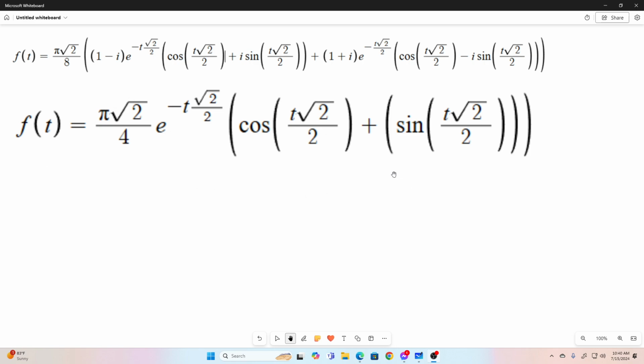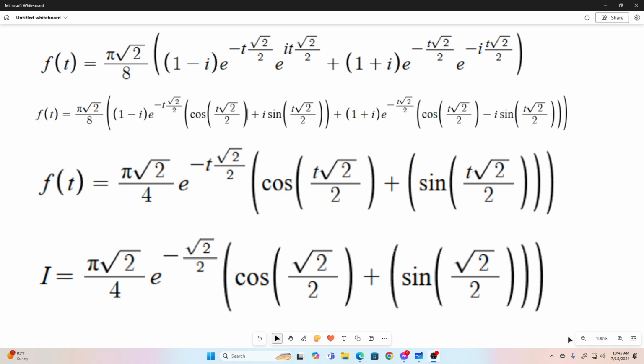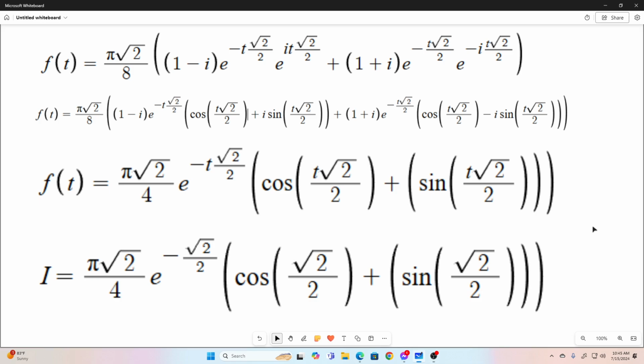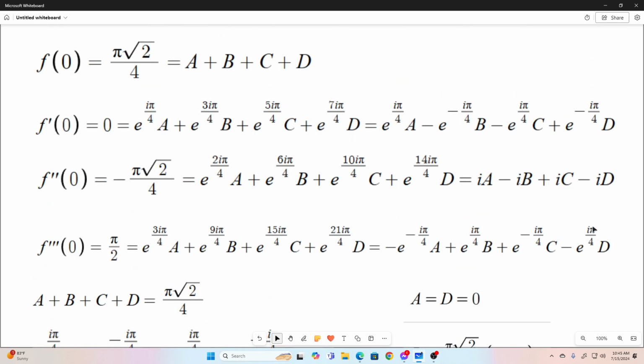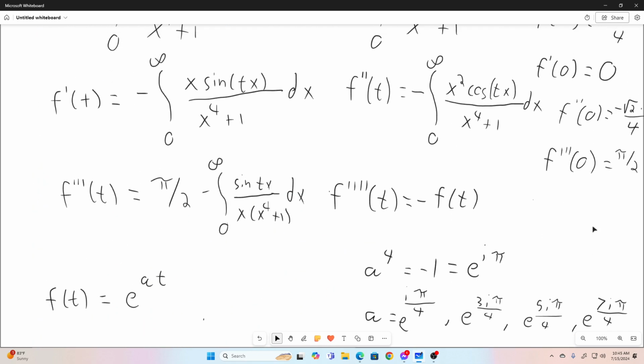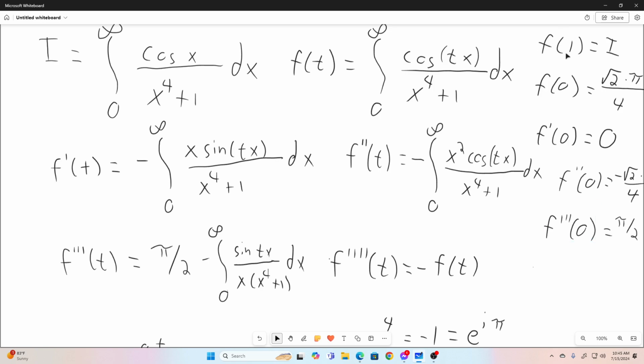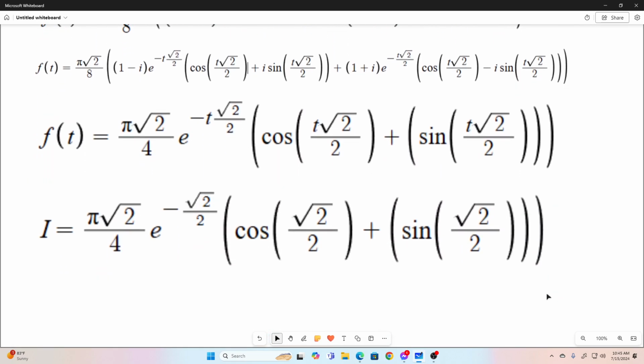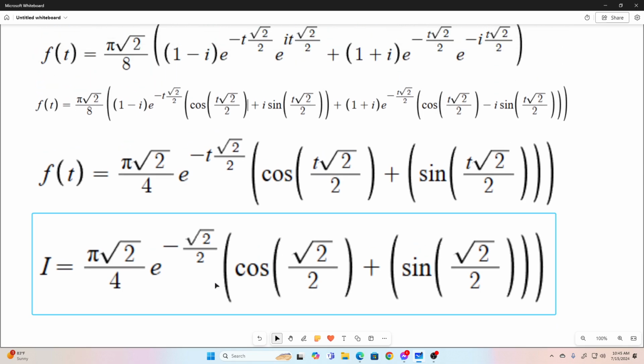So now it's very easy to find the value for I, which I think is a really nice value. It's very strange. It's a form that you don't see come up very often, but here it is. And there you see it right there. Substituting 1 in for t, which we know from the very beginning of our process, back when I was writing things out on the board, we know that our function f evaluated at the point 1 gives us our original integral, which is this.